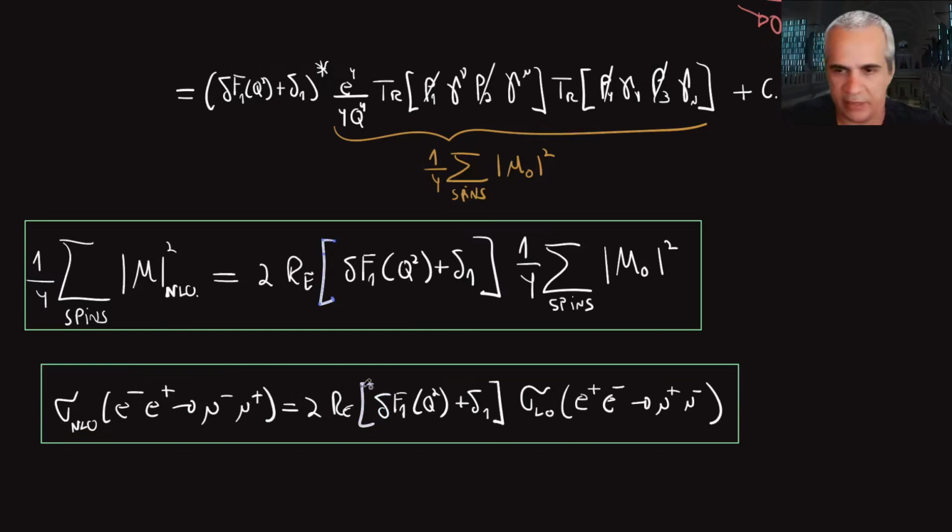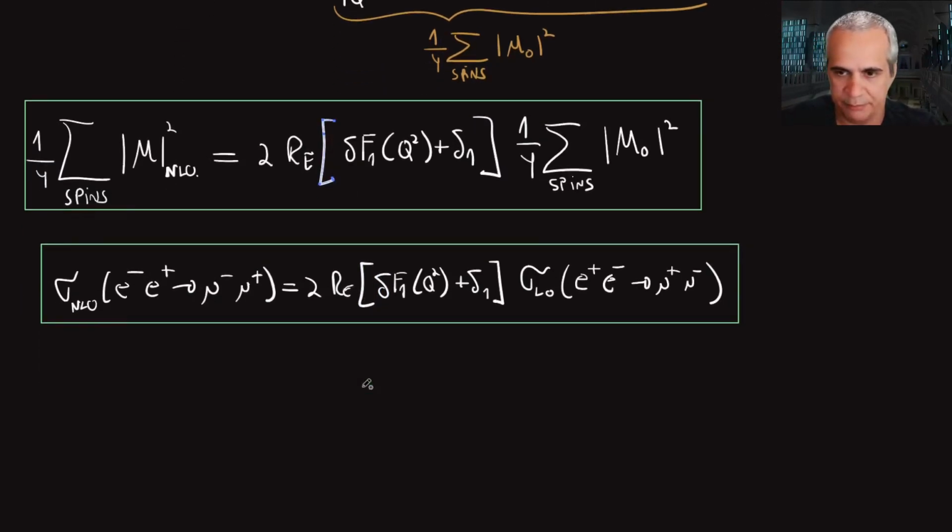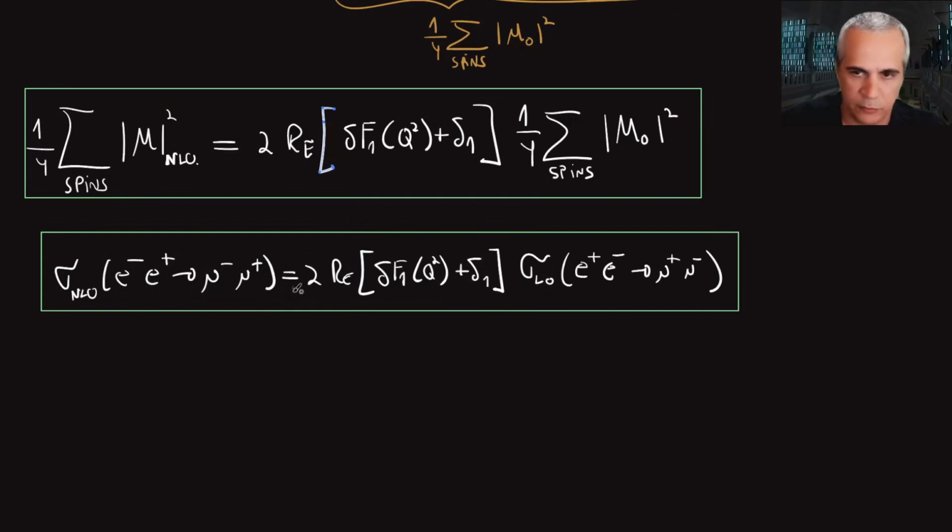And now I can explicitly write the expression for 2 times the real part of this, right? Remember we had an alpha over 4 pi for these guys. This factor 2 turns it into an alpha over 2 pi. And now I just have to copy those logs that I had before.